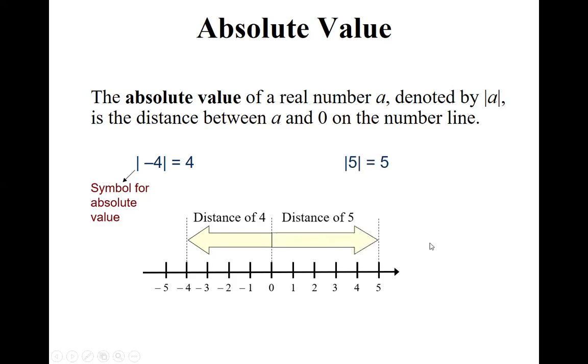Meanwhile, the absolute value of 5 is 5 because 5 is 5 from 0. Start at 0. 1, 2, 3, 4, 5.